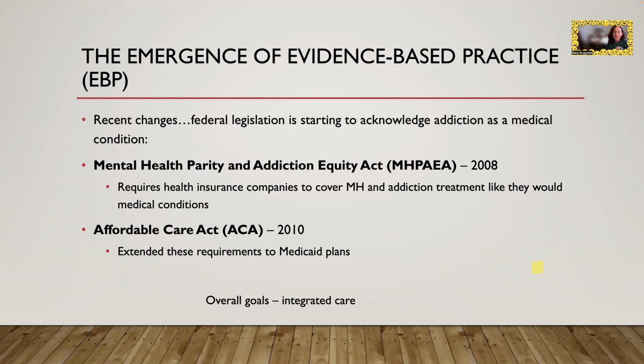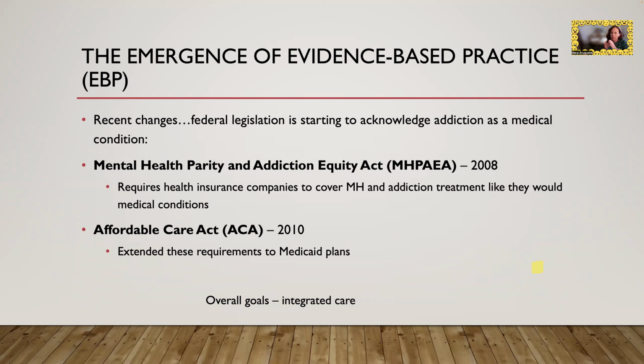And so a couple of different pieces of legislation came down the line, and you may or may not be old enough to remember the Obamacare, or the Affordable Care Act, and the Mental Health Parity and Addiction Equity Act.